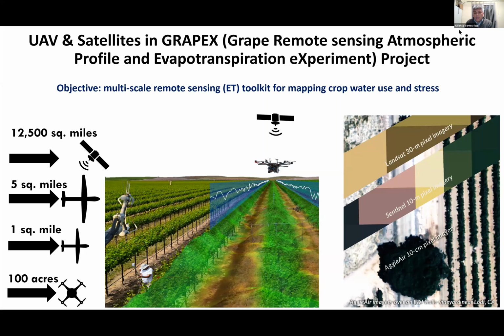And satellites will be able to provide a larger and more comprehensive view of multiple fields in the area. And this information, regardless of whether from UAVs or satellites, must agree or must be related with ground measurements by agronomist consultants and instrumentation that is deployed in the field.